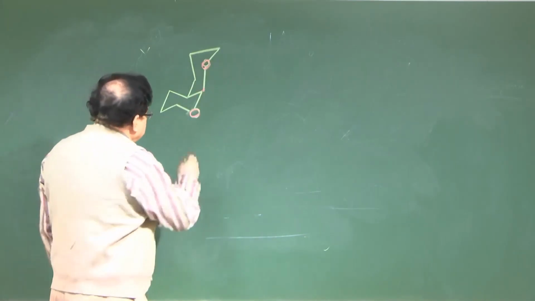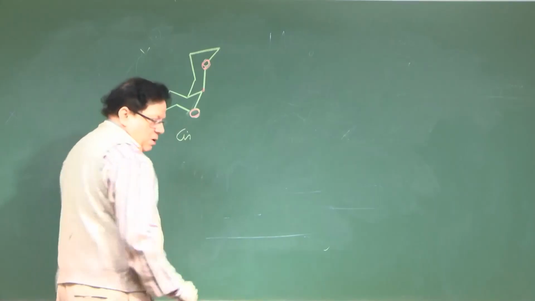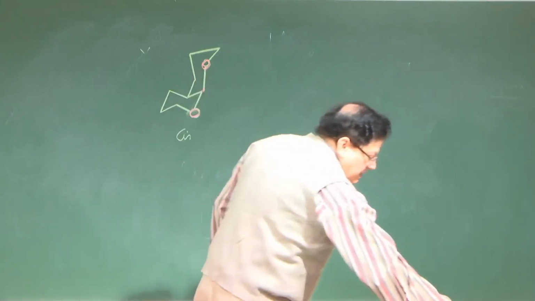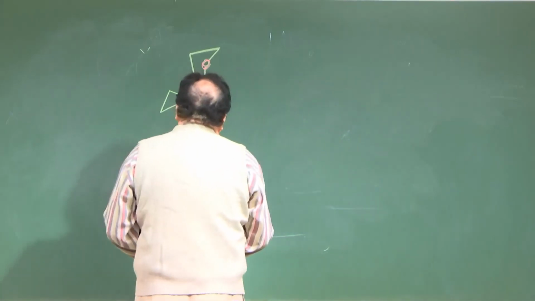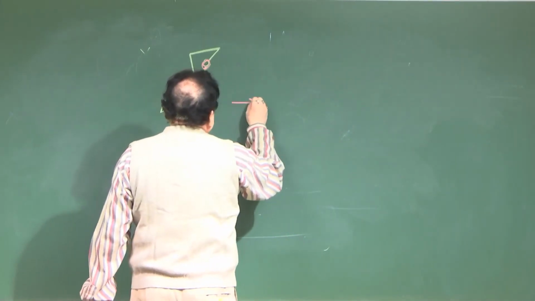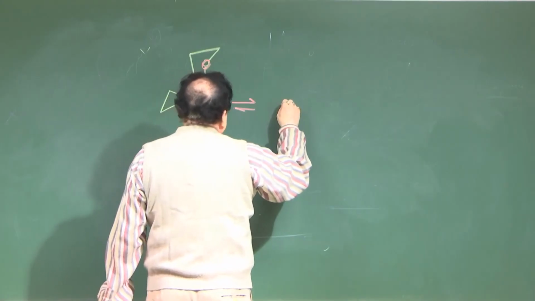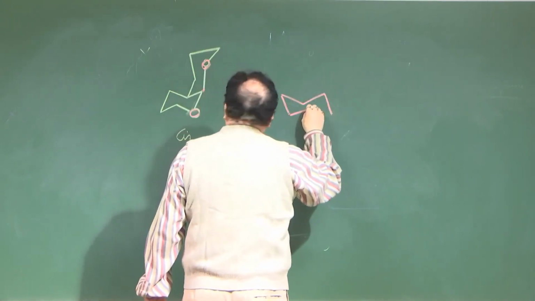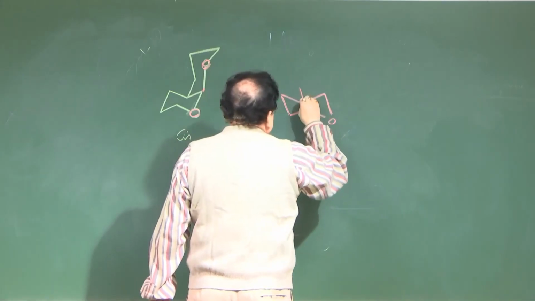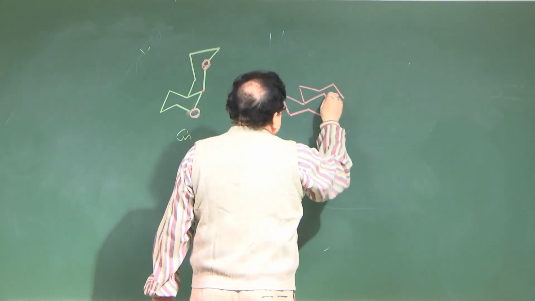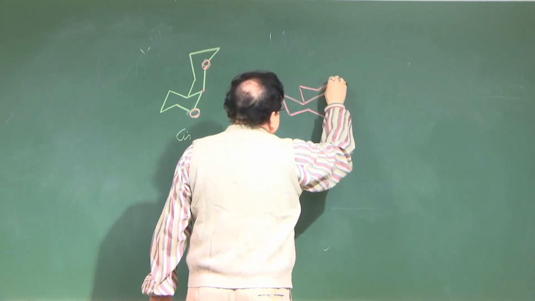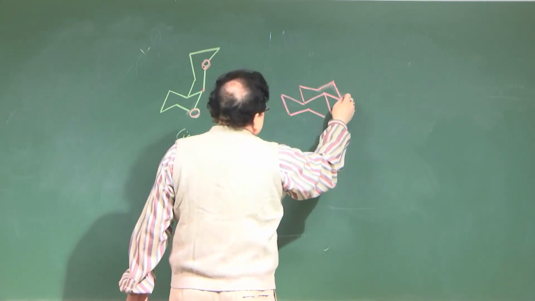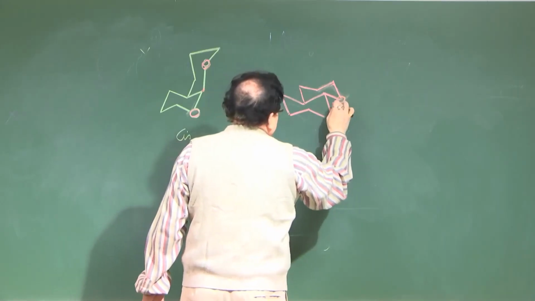So, this is the cis compound, and you can have the trans version of this, and that is the oxygen I put here.